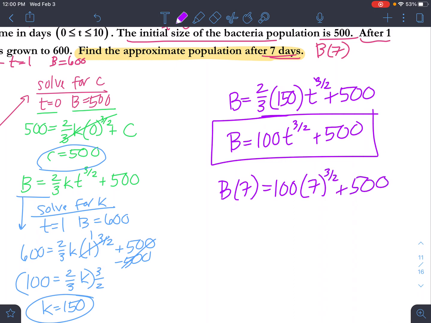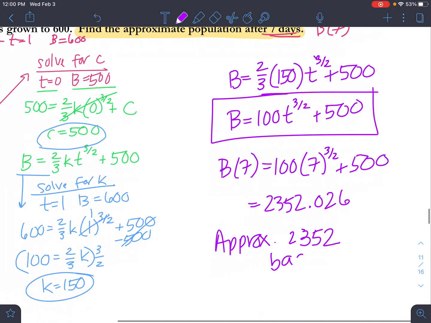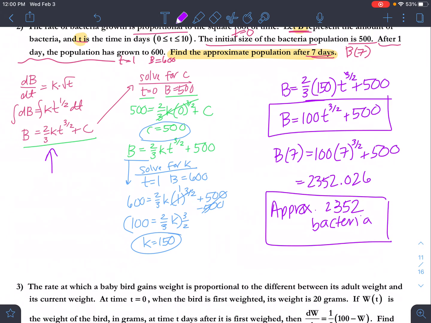You get out your calculator, you can type that right in, and you get 2,352.026. Remember, this is a population size, so we shouldn't have a decimal. So we'll just say approximately 2,352 bacteria in the population here after 7 days.